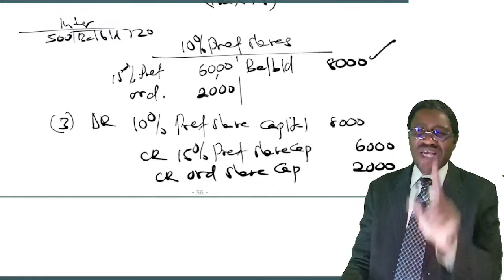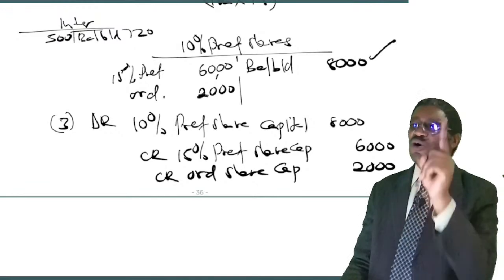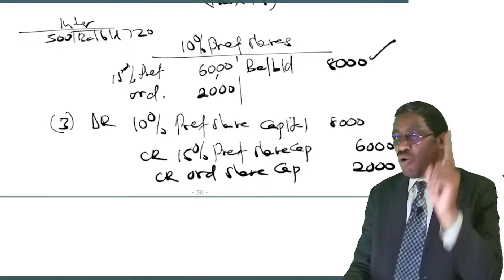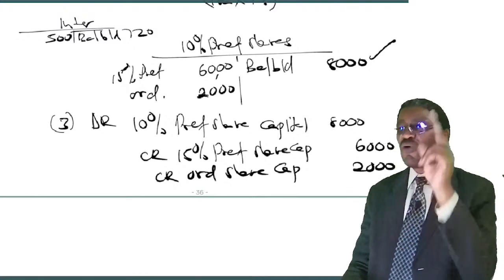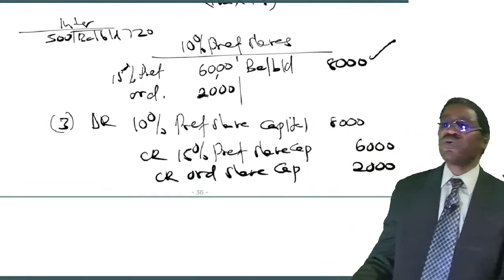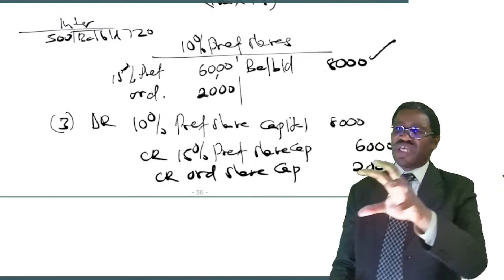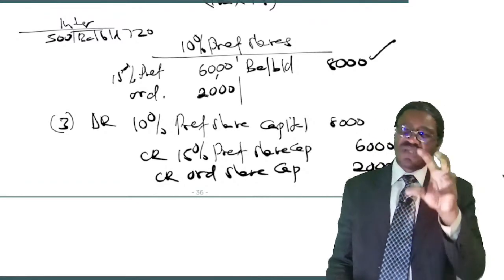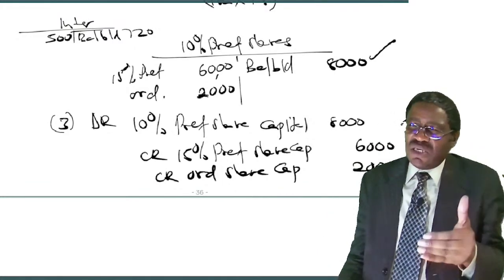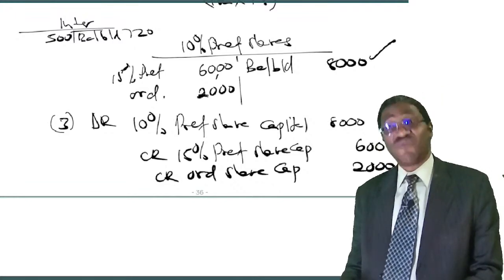We are settling a liability of 720 by giving ordinary shares worth 500. So as a company we are making a gain because we are paying less than we owe to the debenture holders for their interest.